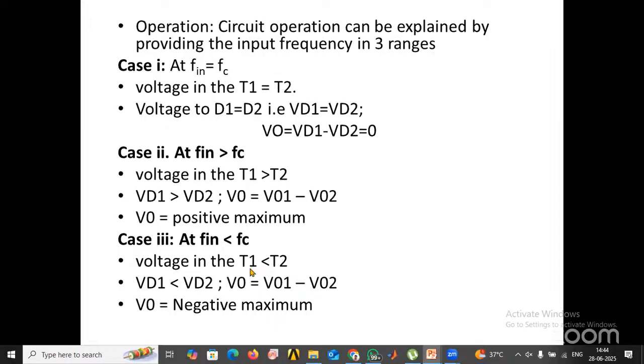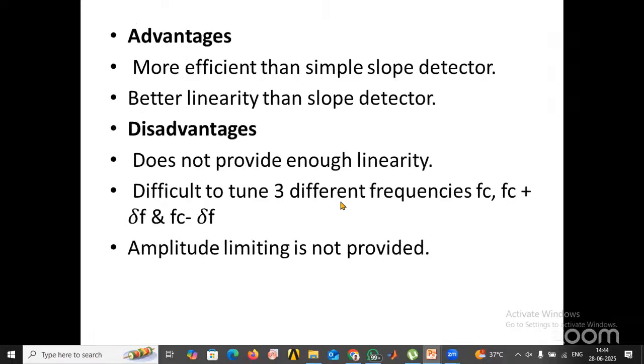If F in is less than Fc, then V0 is equal to V01 minus V02. Anytime the output is the difference of two outputs, that is, two resonant circuit outputs, which are the same. Hence, we are having a constant positive output, that is, accurate demodulation of the signal.